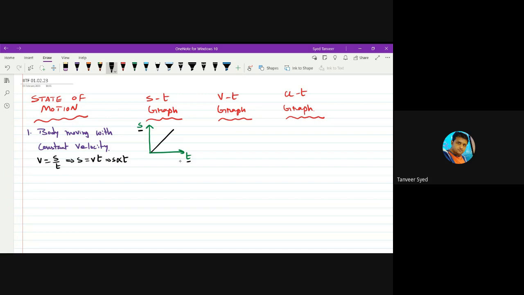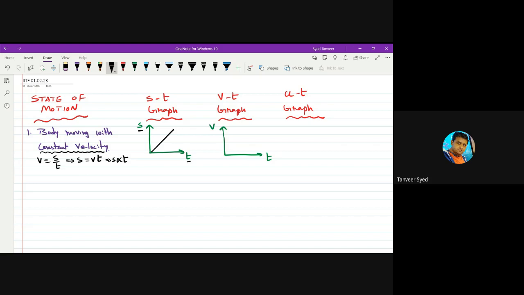Next, what about the VT graph? Velocity time graph. Velocity on y-axis, time on x-axis. How is the velocity of the body? Constant. Let us imagine a body, a car, moving in a straight line with constant velocity, some 5 meter per second or 10 meter per second.